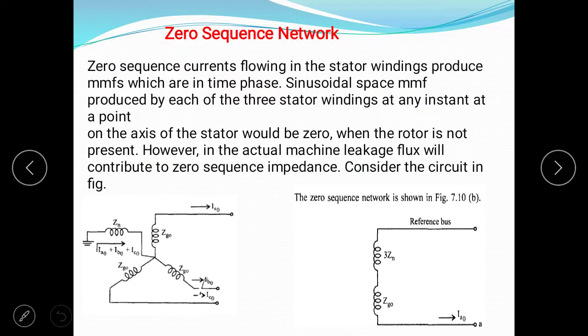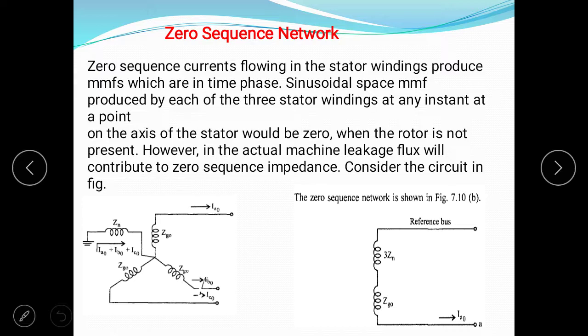Next is the zero sequence network. The zero sequence network comes into the figure when there is zero sequence current flowing in the stator winding, which produces MMFs that are in time phase.